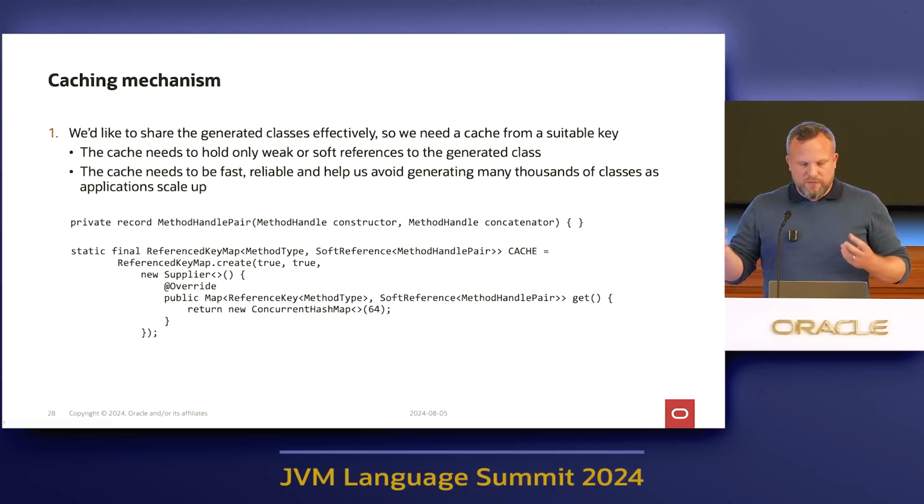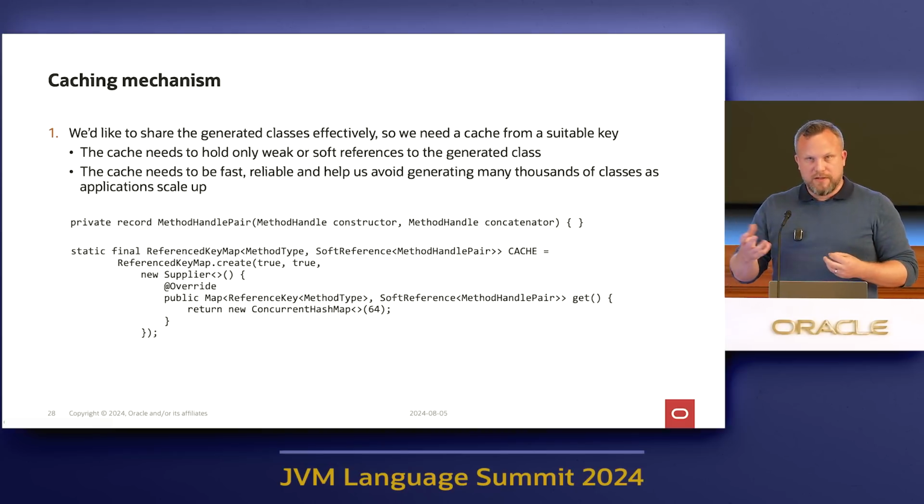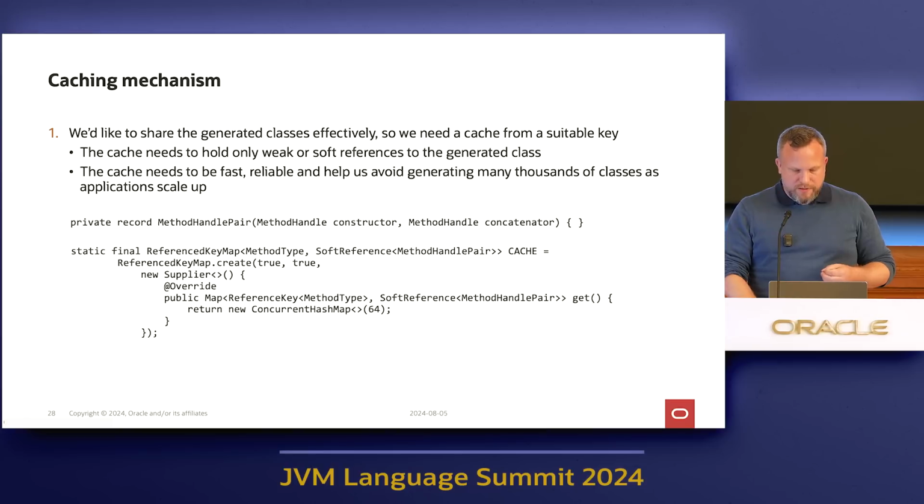So we're creating two different method handles: one for the constructor, taking the constant arguments, and one for the static concat method handle.